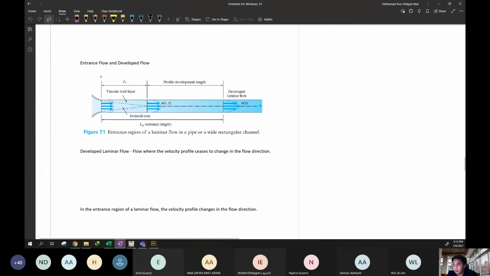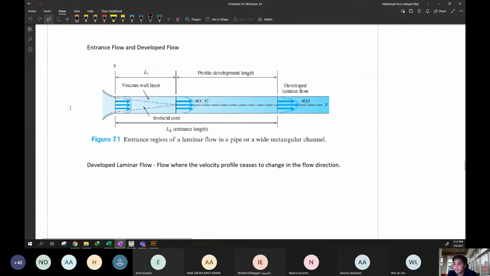Okay, so here let's continue into the internal flow. Let's say this is the pipe. Inside the pipe there is the inlet. You can see here. Okay, give me a second. Let me set up.